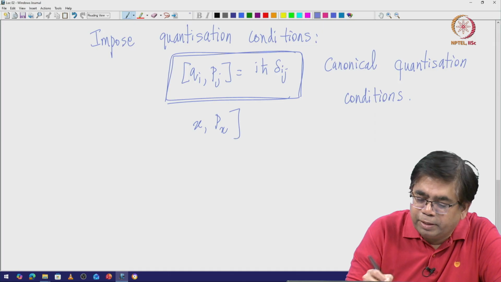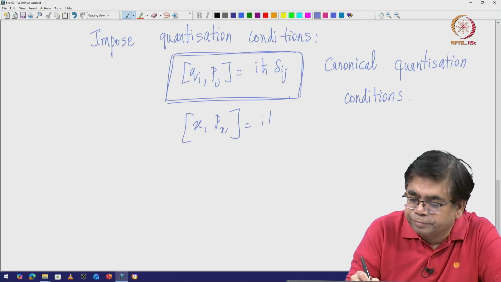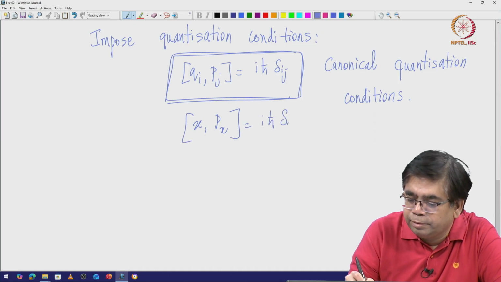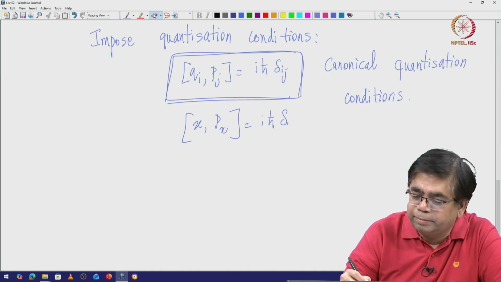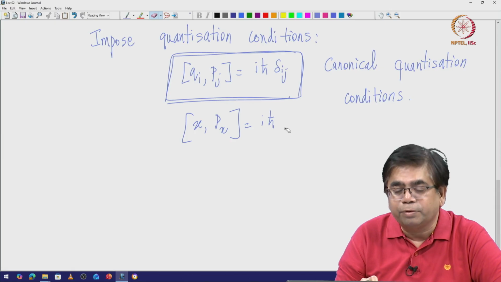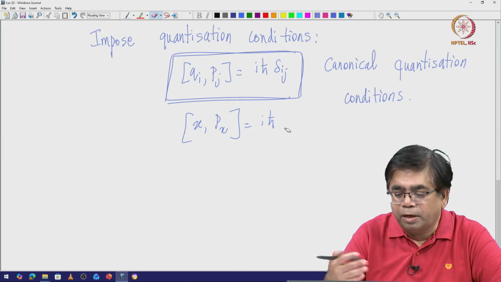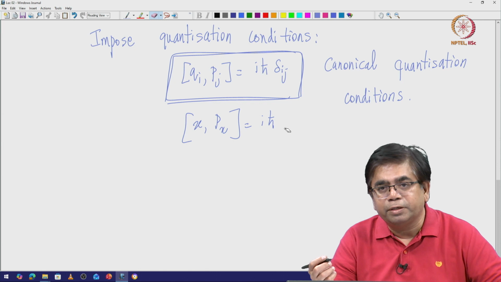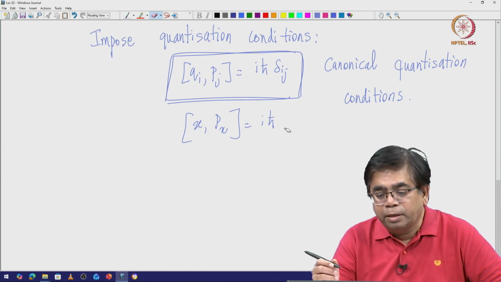This is nothing but your uncertainty principle, x p_x is equal to h bar. This is how you define the Heisenberg version of quantum mechanics.